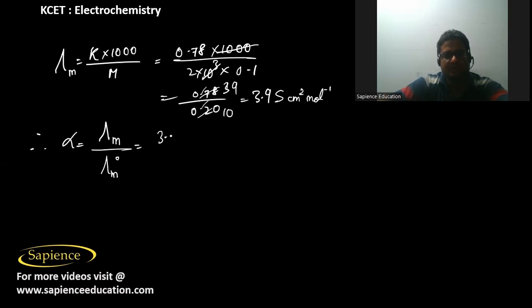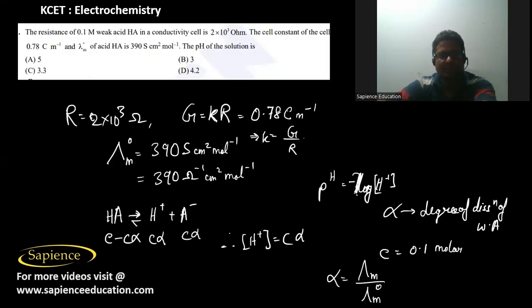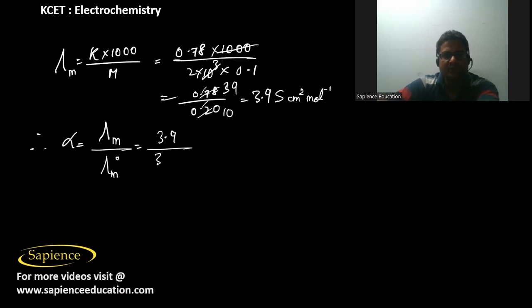Now lambda m is 3.9 Siemens centimeter square per mole, and lambda m naught is given as 390 Siemens centimeter square per mole. So therefore 3.9 by 390, so that will be equal to 0.1 by 10, so that is 0.01.